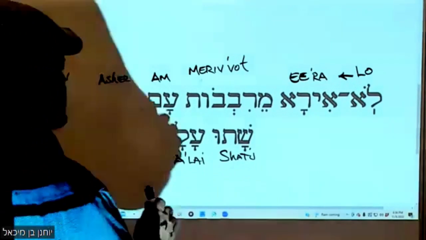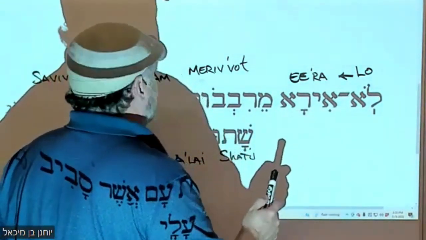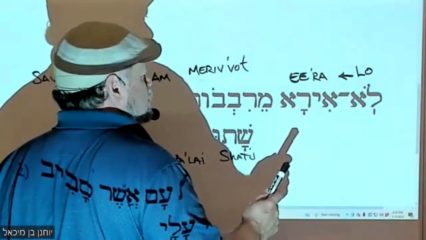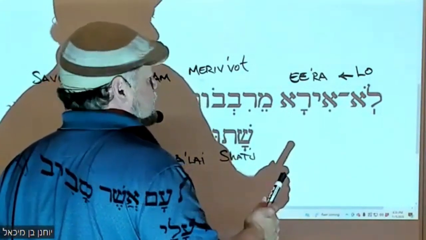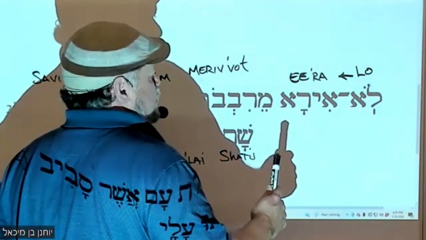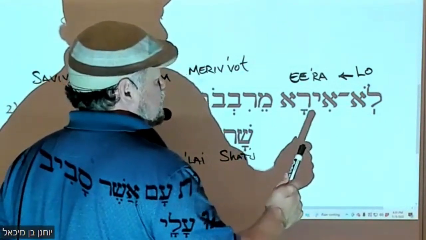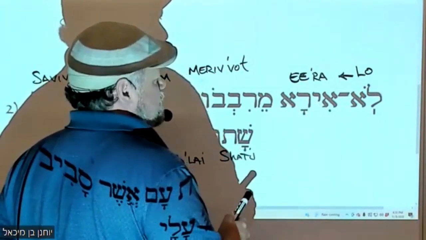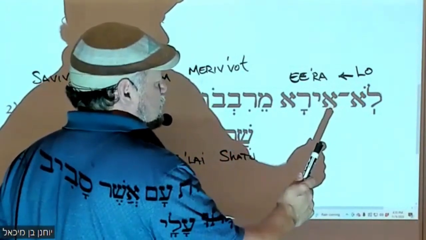It's negating the second word. So what is the second word? I guess it could in a roundabout way. Well, you're missing a whole other letter there. You're only grabbing onto this, but you've got 4 letters here. So your first letter is what? Aleph.